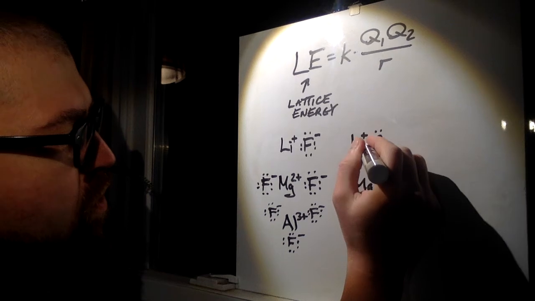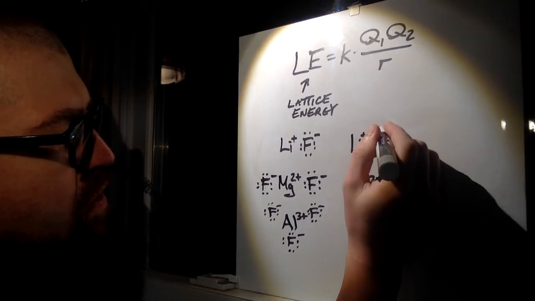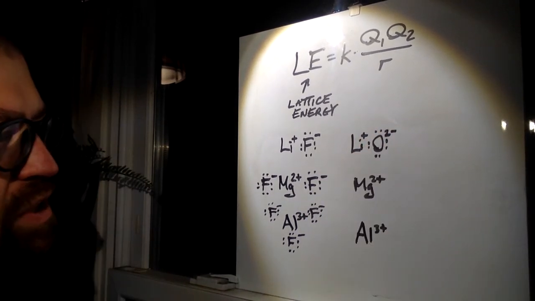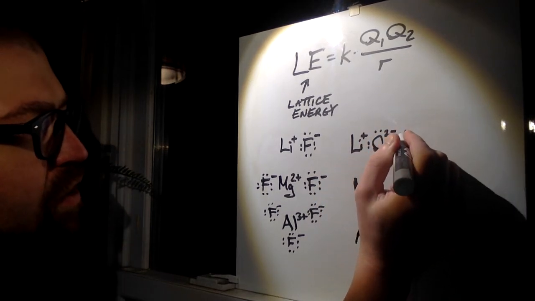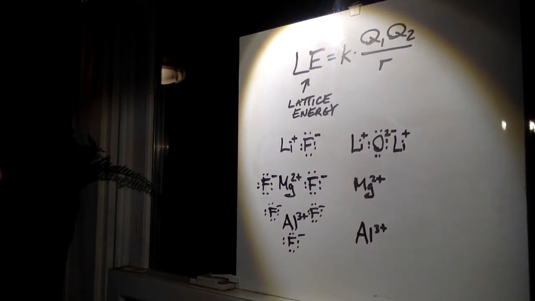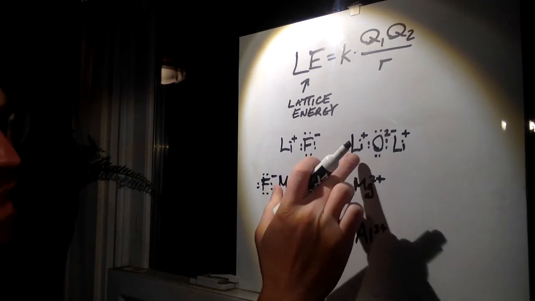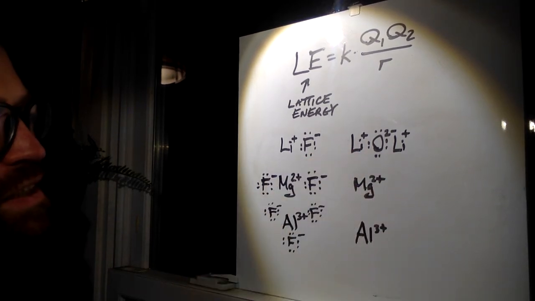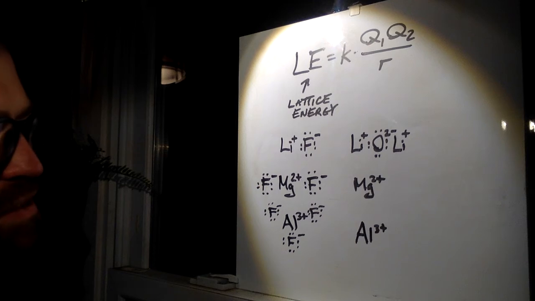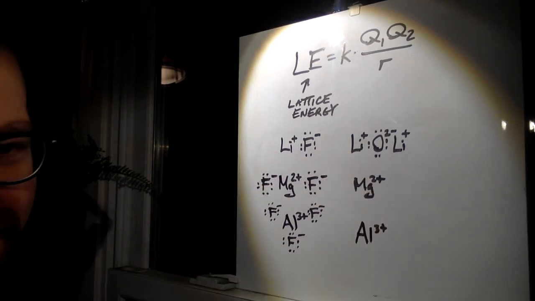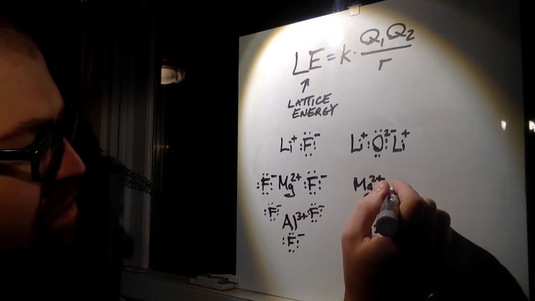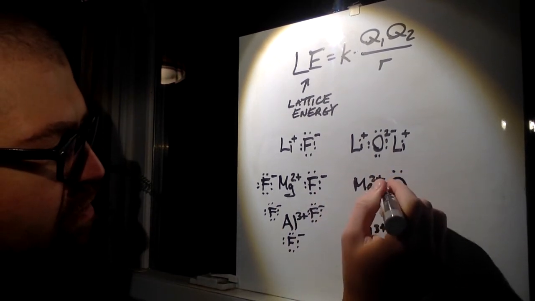Oxygen, if it were to be ionized, would gain 2 electrons. Of course, for lithium oxide, we need another lithium ion. So you can see this oxide would be doubly attracted to the lithium in comparison to the fluoride ion.